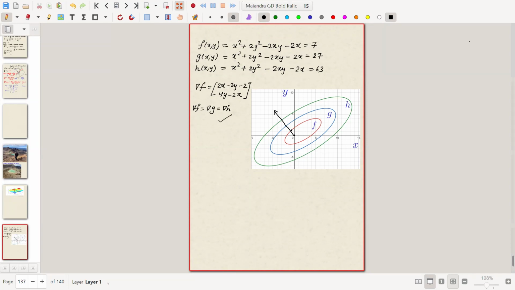This curve will have this gradient direction, this g curve will also have that gradient direction, and the h curve will also have the same gradient direction. Okay with you till now? All right. So this is a good point to see that f(x, y), g(x, y), and h(x, y) share the same normal.